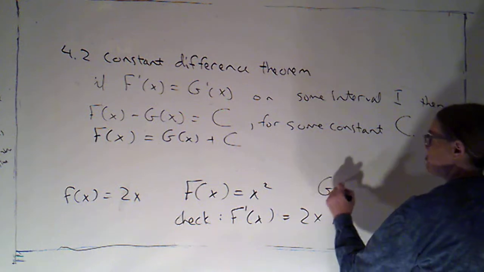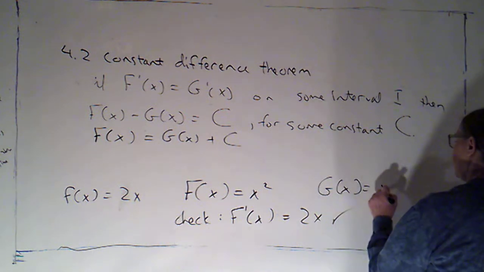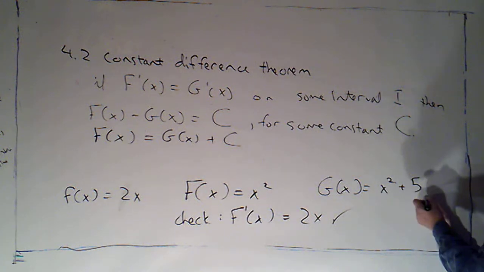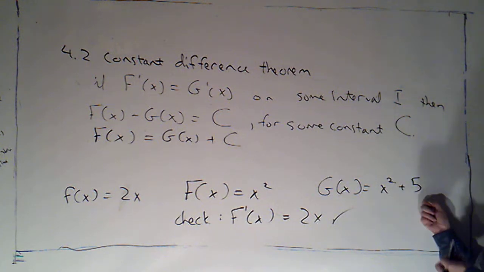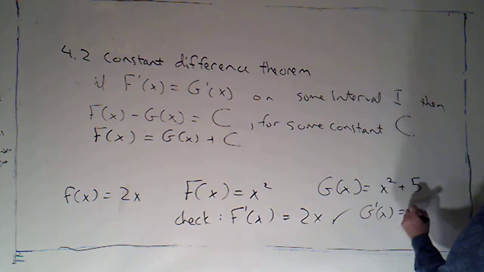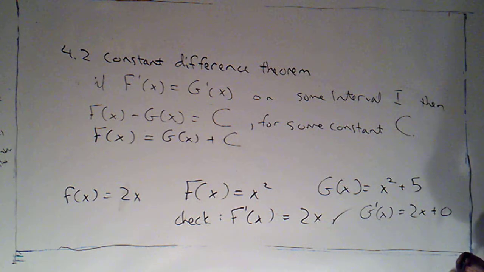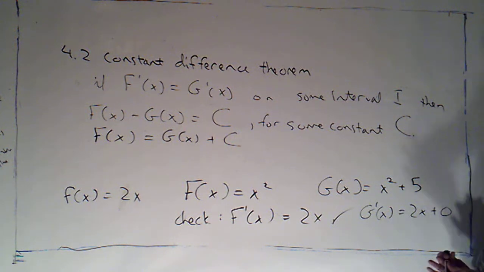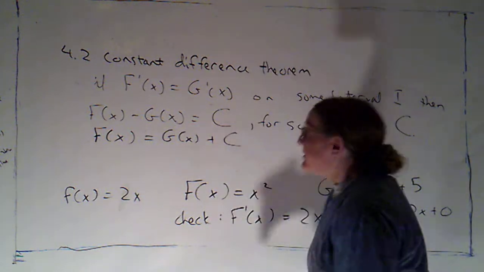So I could say g of x is x squared plus 5. Well, there's another function that has the same derivative of 2x. And notice, if I wanted to check, g prime of x would just be 2x plus 0. Adding a constant doesn't change the derivative, because when I take the derivative of a constant, I just get 0.